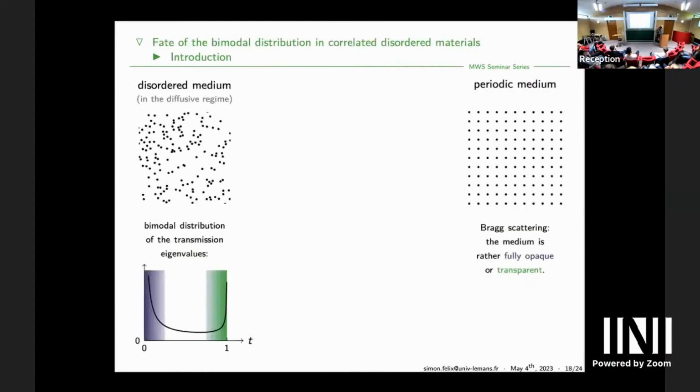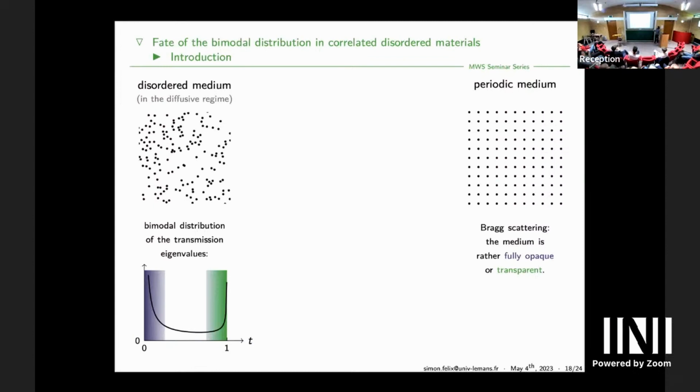Okay, I switch to the second subject. We will no longer speak about the symmetry, but we will keep this bimodal property that I showed before, which I said is really characteristic of disordered media in the diffusive regime.